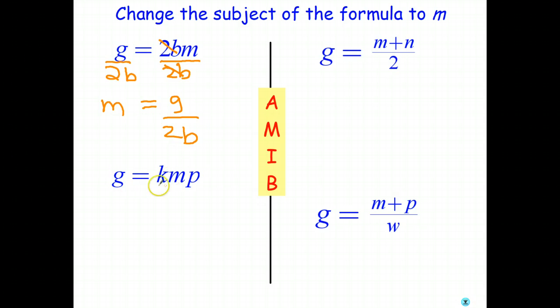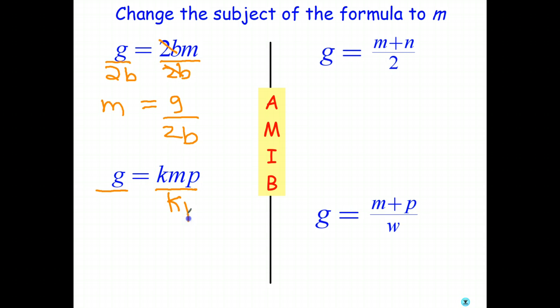This one is similar, except we have 3 variables. Here we had a number and 1 variable, but the idea is basically the same. K is multiplied by m is multiplied by p, but order of operations for multiplying is not important. I can multiply these 3 in any order, so really that's just like m times k times p.